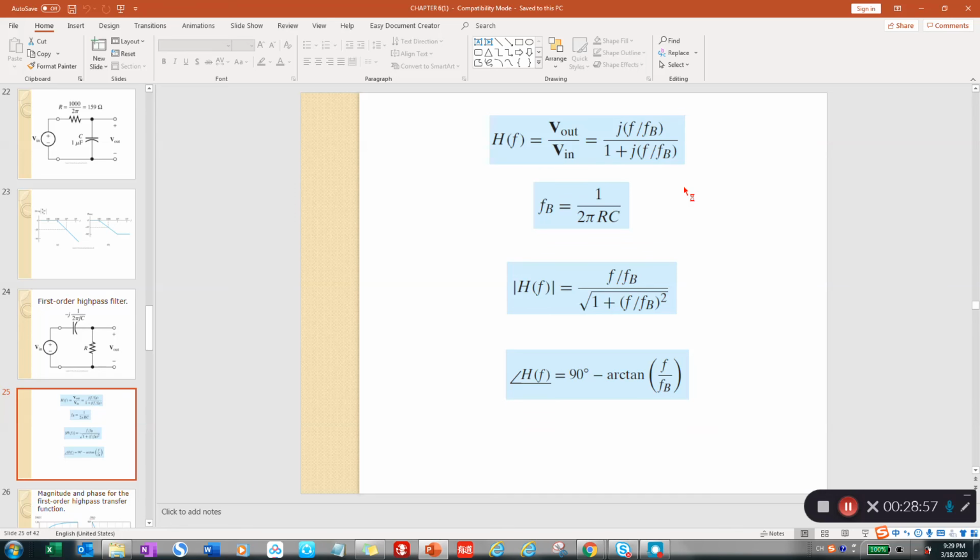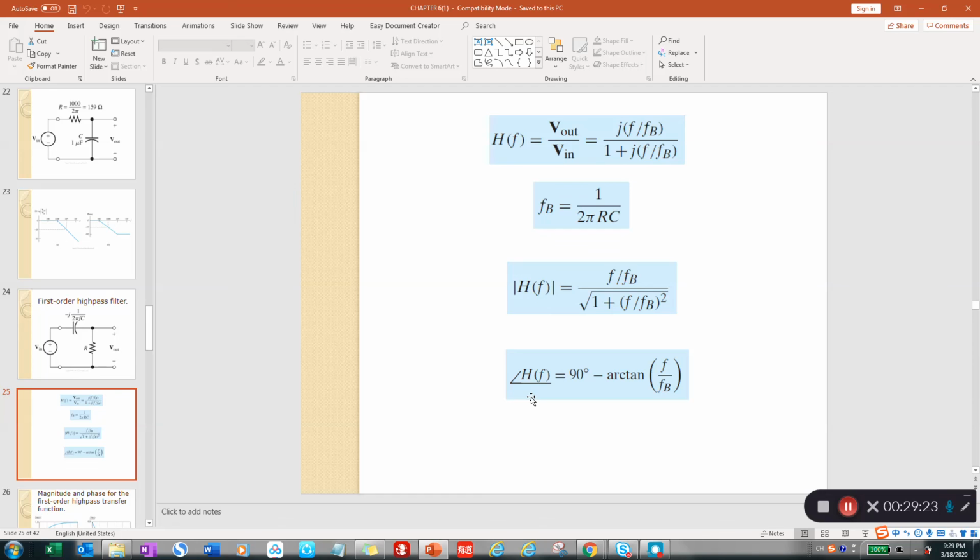Then we know that fb equals 1 over 2 pi RC, this won't change. Also, it is the break frequency. It's the same as how we calculate the break frequency for the low-pass filter. Then based on the transfer function, we can get the amplitude and the phase angle.